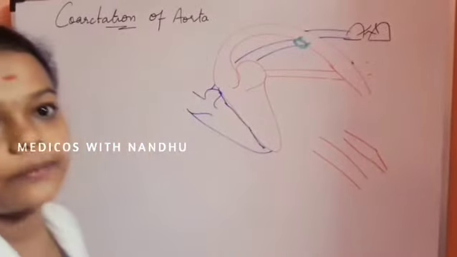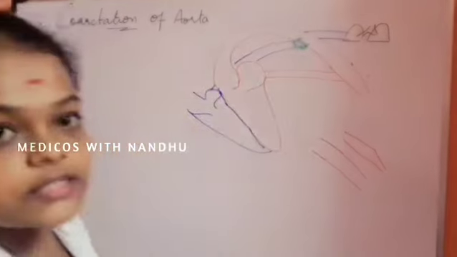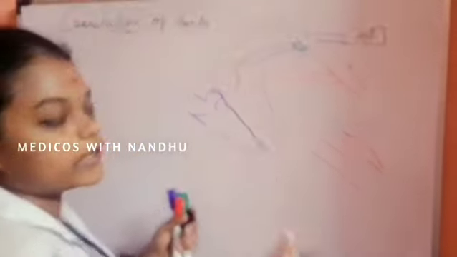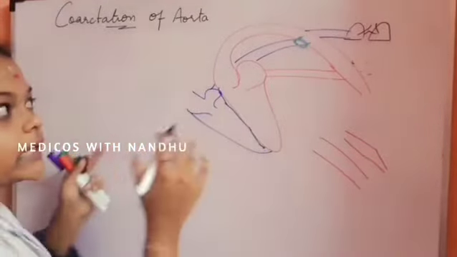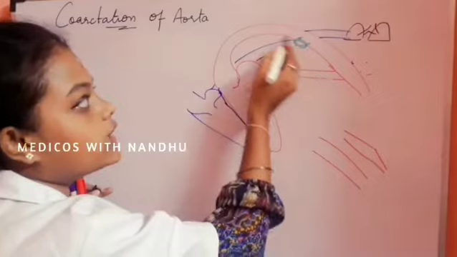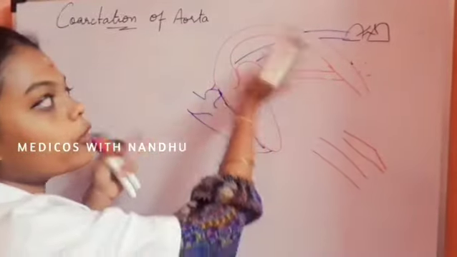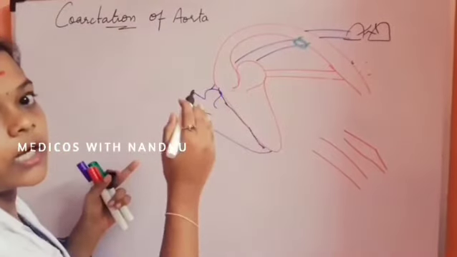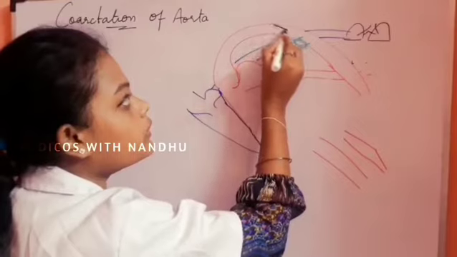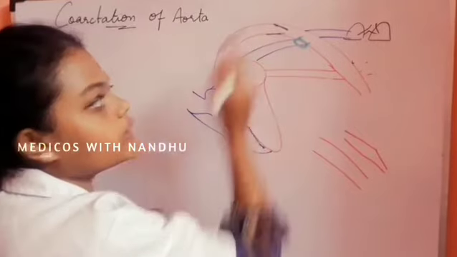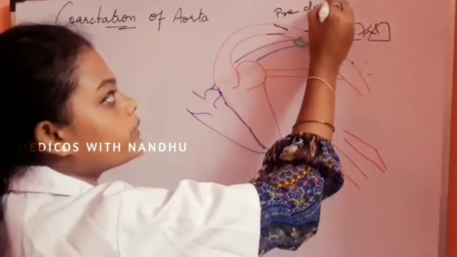There are three types, three structures positioned here: pre-ductal, ductal and post-ductal. First, pre-ductal. So this is the ductus arteriosus. If the coarctation or narrowing happens proximal to the ductus arteriosus, it is a pre-ductal type.